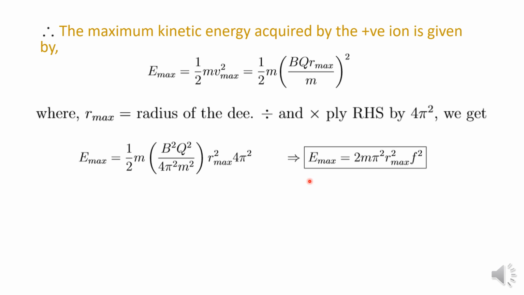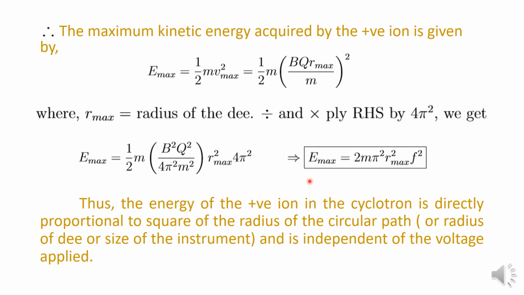Now this is the expression for maximum kinetic energy acquired by the ion in cyclotron. Thus, the energy of the ion in cyclotron is directly proportional to the square of the radius of the circular path and is independent of the voltage applied. This is about the theory of cyclotron.